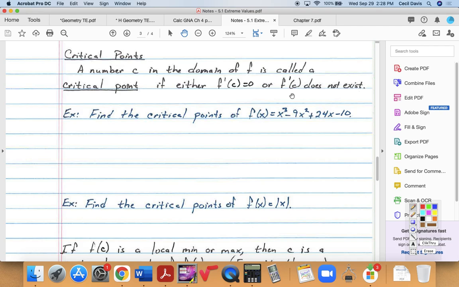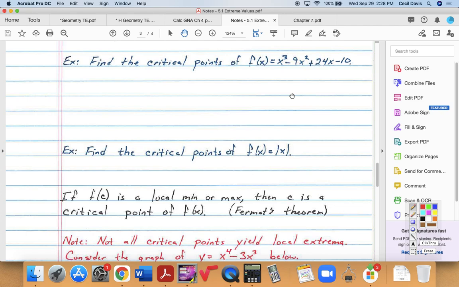One of the things that students tend to overstate is they'll say, well, the derivative was 0, therefore I know I have a change in direction. Not true. Just because you pulled up to a stop sign doesn't mean you're going to start going backwards down the street. Okay? So, find the critical points of this polynomial function.